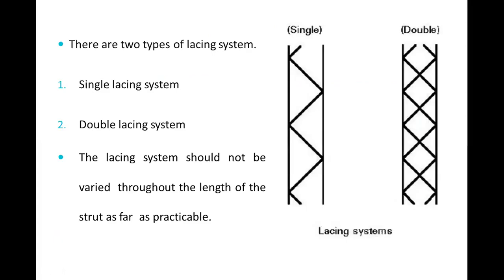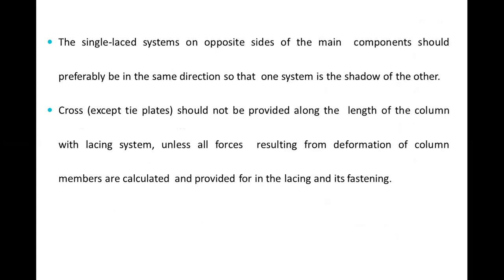There are two types of lacing system. As shown in the figure, one is a single lacing system, and in the second figure, a double lacing system is provided. Basically, the lacing system should not be varied throughout the length of the strut as far as practical, right? A single lacing system on opposite sides of the main component should preferably be in the same direction so that one system is the shadow of the other.